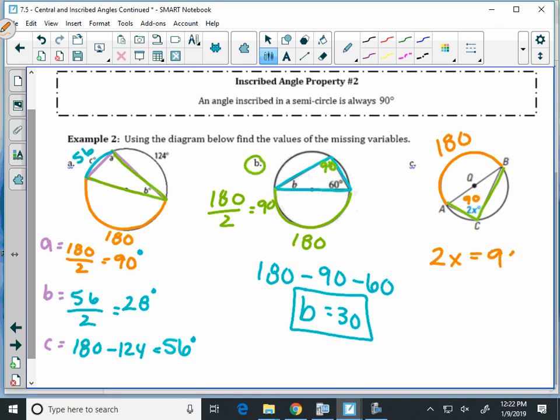We can say 2x is equal to 90. And then solve. When we solve, what do we have to do with that 2? Divide. So when we divide, what's 90 divided by 2? 45. So x is equal to 45. Questions over that?